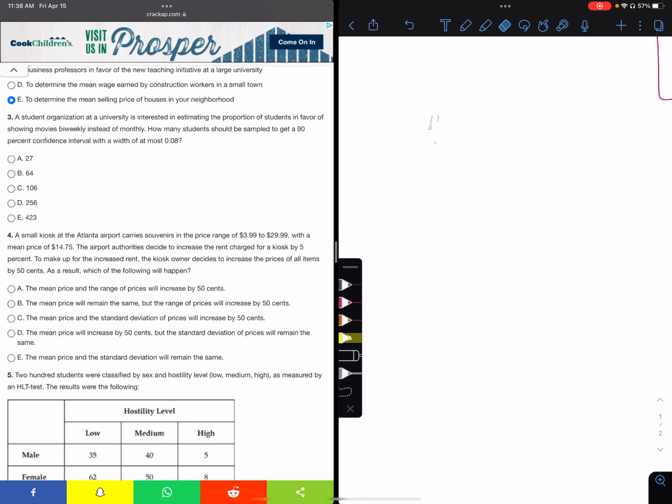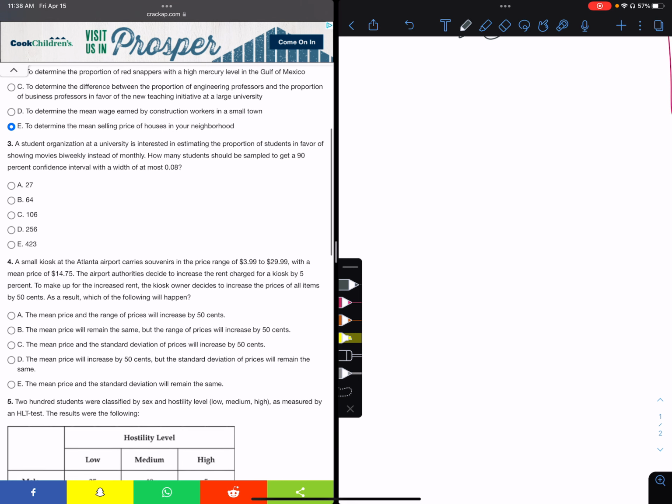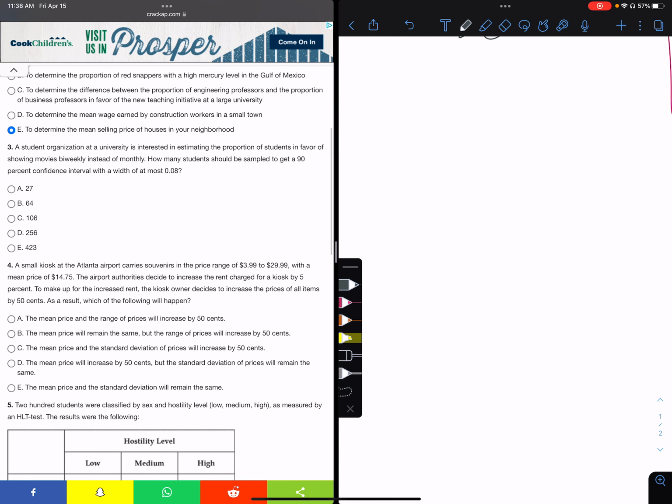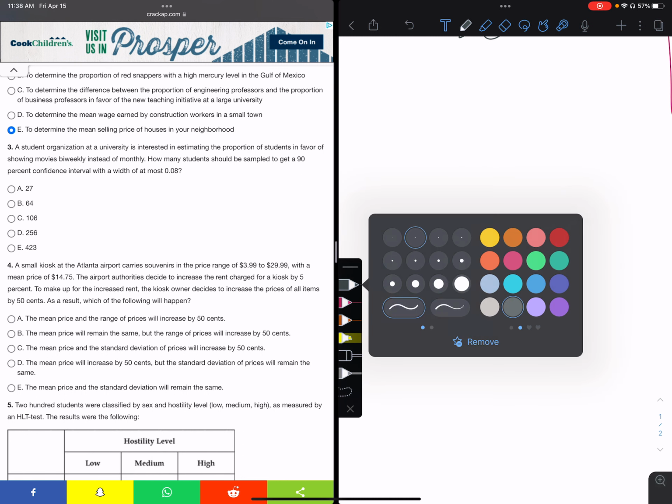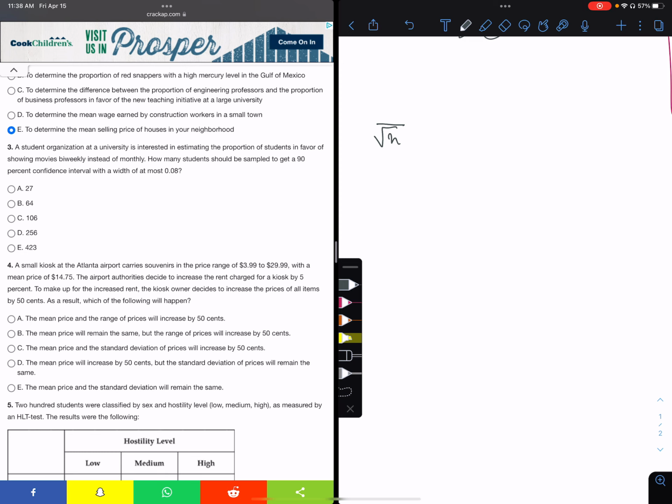This is for proportions, right? Yeah. So proportions goes like square root of it, over square root of n, and you have standard deviation. Dang, there's a formula for this. I forgot. I don't have the formula sheet with me. I'll learn it.